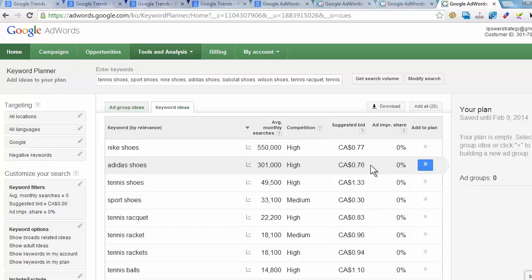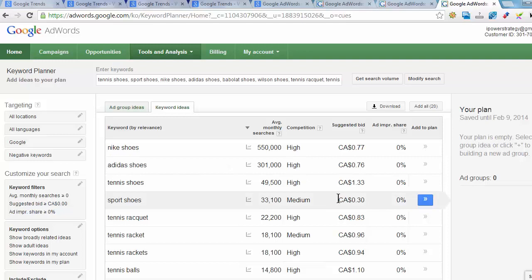What should we emphasize? Well, if you think of that, the same competition, right? And the same bid, right? So basically it turns out that Nike shoes would be much more interesting because of the higher demand. Of course, this needs to be verified and tested. Testing is the key.